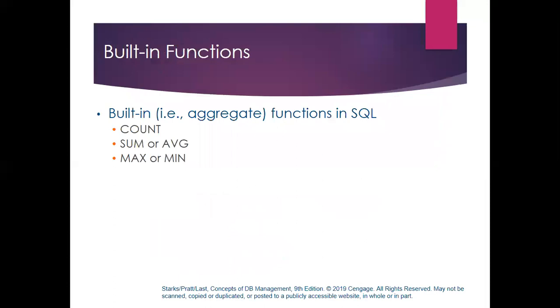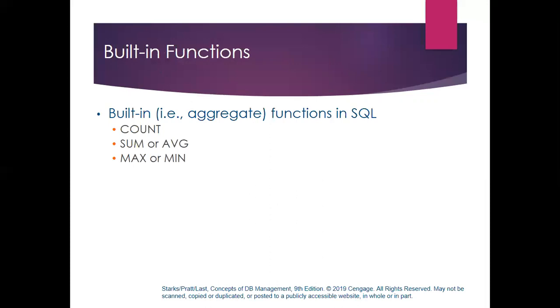SQL also has built-in functions. Examples of SQL functions include the count function, which is used to calculate the number of entries in a given column. The sum function, used to calculate the total of all entries in a given column. The average function, used to calculate the mean of all entries in a given column.